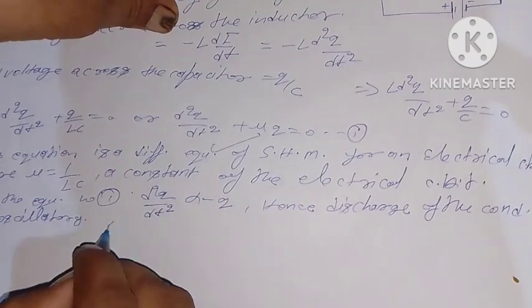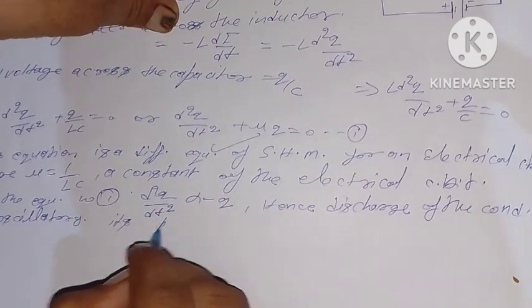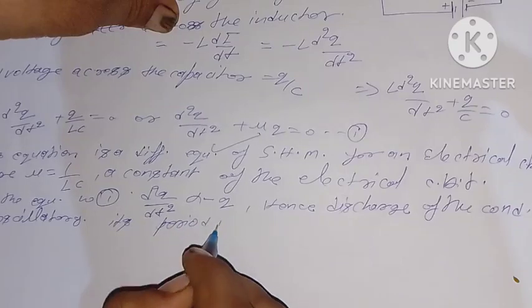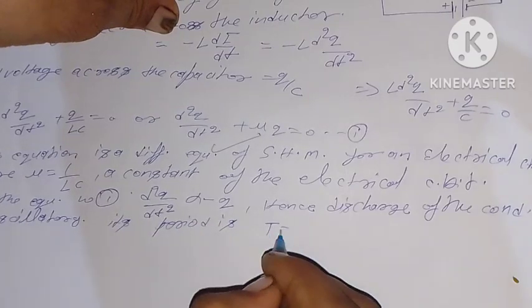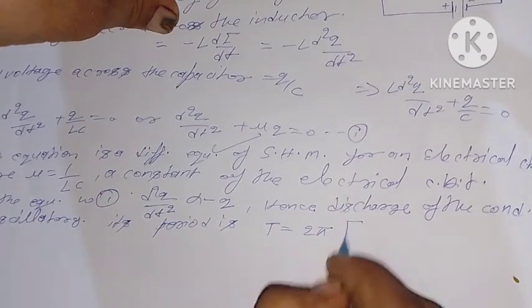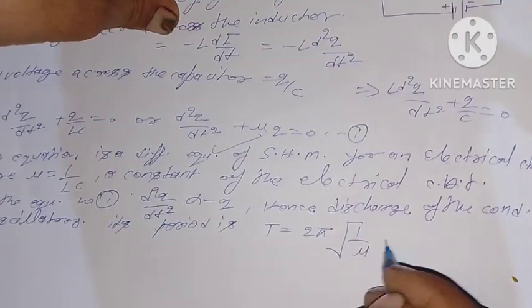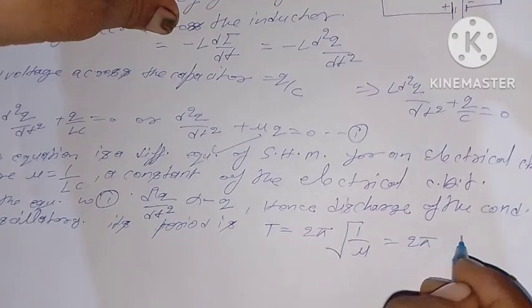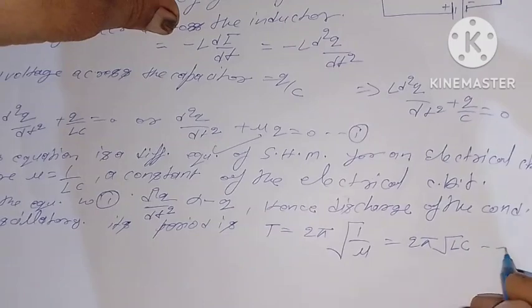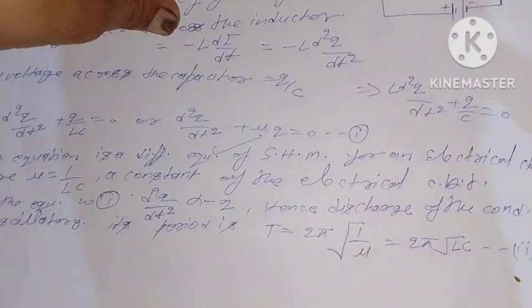Its period is T equals 2 pi under root of 1 upon mu, equals 2 pi under root LC. This is equation number 2.